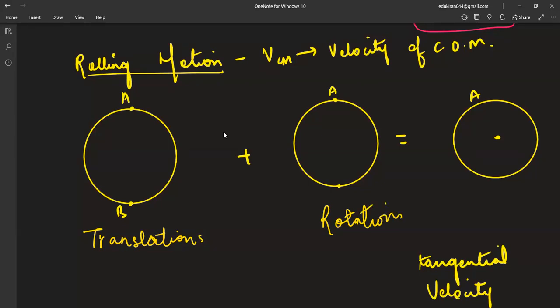When translation combines with rotation, it gives you rolling motion, right? When we talk about translation, it means something that is moving forward, just forward, and no other component is present. For example, when we walk, we just move in a straight path. We are just translating. It's the linear displacement that is occurring. When we talk about rotation, throughout we talked about moment of inertia, and an axis was present.